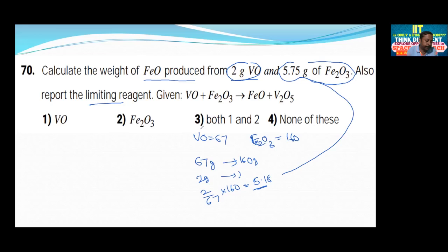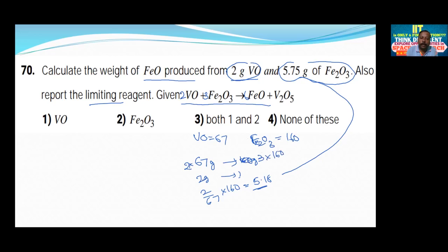5.18. Okay, actually here balancing is the problem. I thought that the equation is already balanced, but here 2 into 67 require 3 into 160.